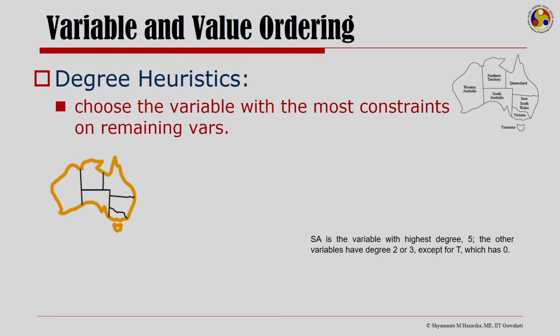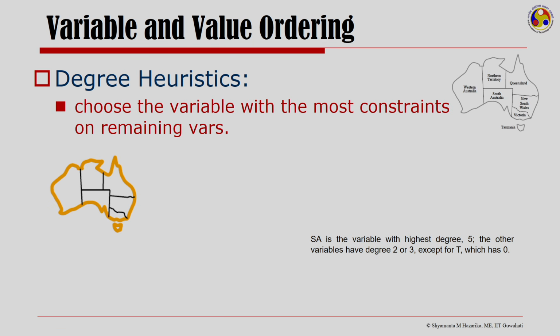For the map coloring problem, if you look at the 7 variables, SA is the variable with the highest degree, which is 1, 2, 3, 4 and 5. The other variables have degree either 2 or 3, except TA here, which has a degree 0.